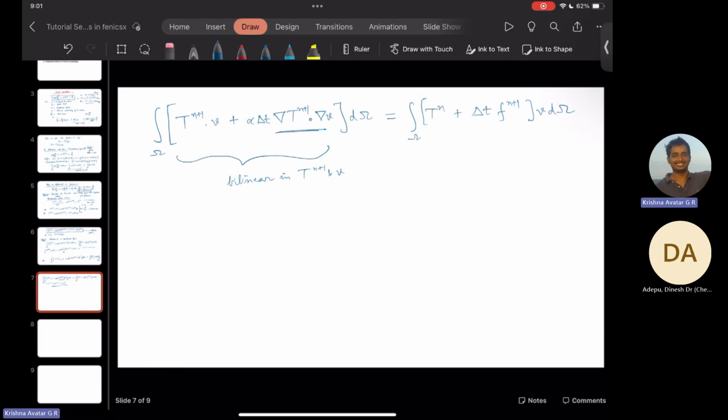I hope you are on. So if you are scaling T by something, say c into T, then we'll have a c here and a c here, and we can bring c outside.